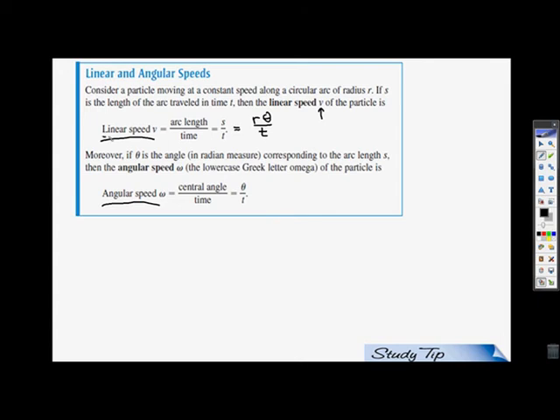That'll give us the linear speed of a particle or another object. Moreover, if theta is an angle in radian measure corresponding to arc length S, then the angular speed, omega, the lowercase Greek letter omega, is your angle theta divided by time. That'll show you how fast your angle is changing.